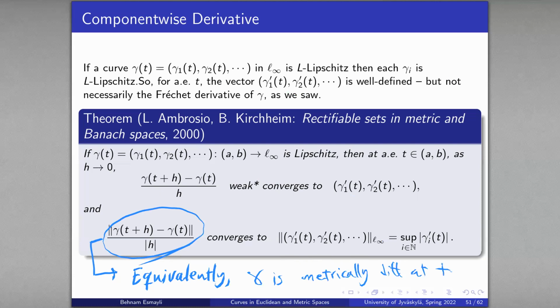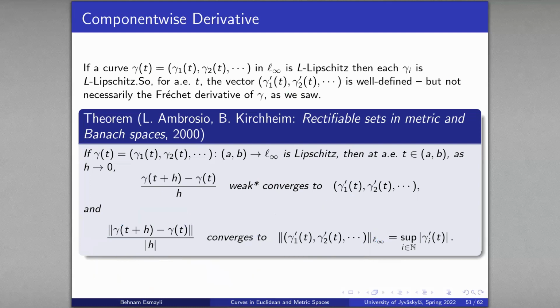This is the definition of metric derivative, because the numerator is just distance of this from that. And not only do we know that this converges, so it's metrically differentiable, we also know its value. Its value is equal to this. And the best thing about this is that these are computable quantities, as I will do in the next slide.